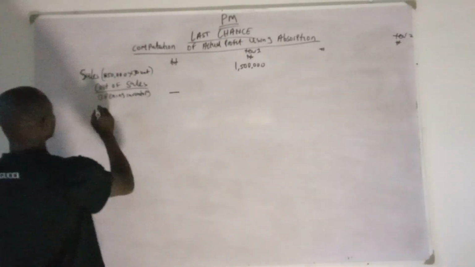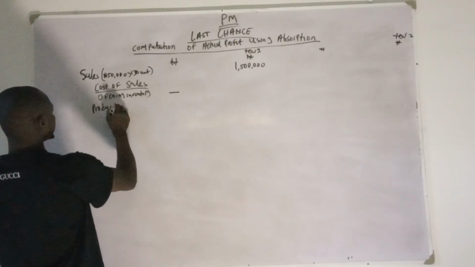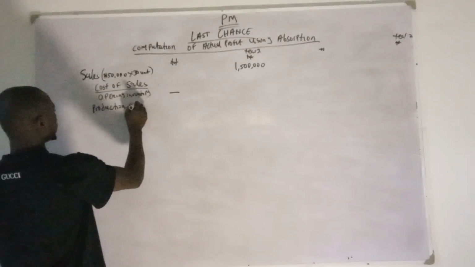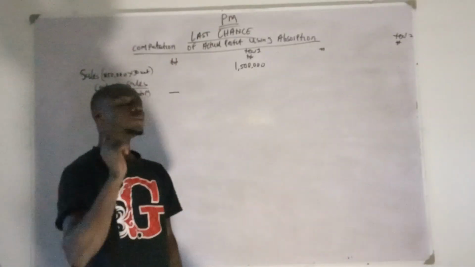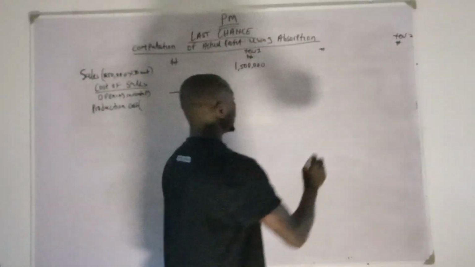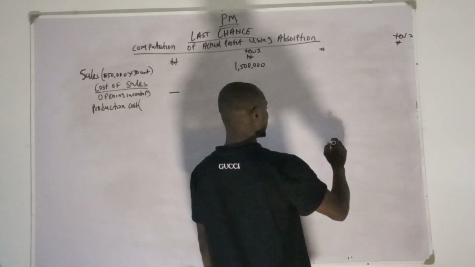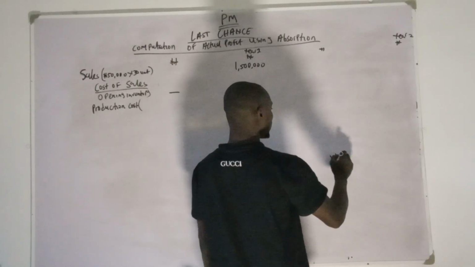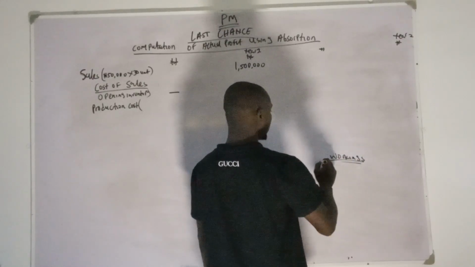So what next is the production cost? We need to value it at full cost. Now, we can use this here as our workings.